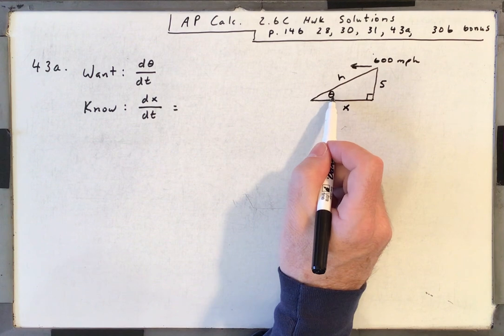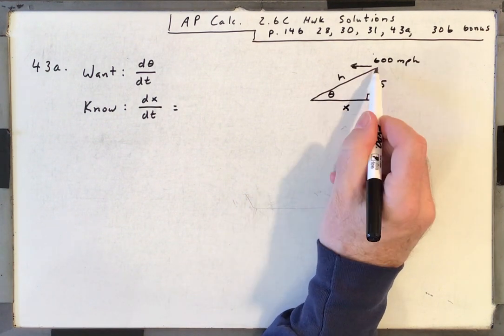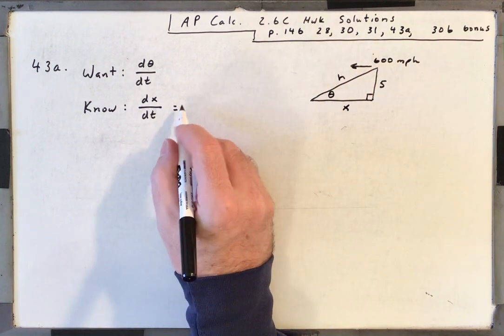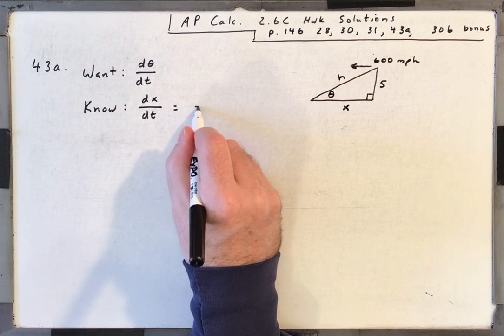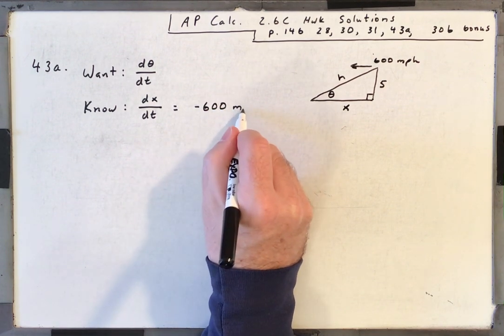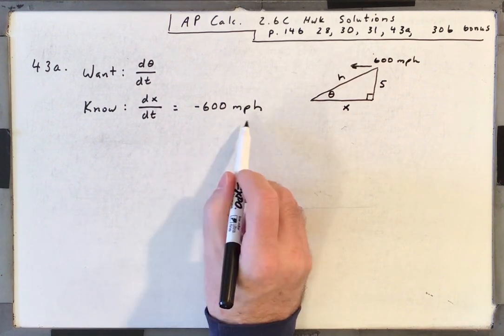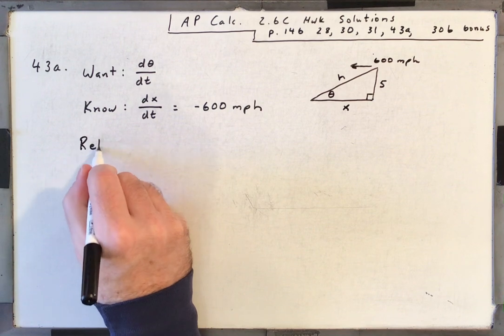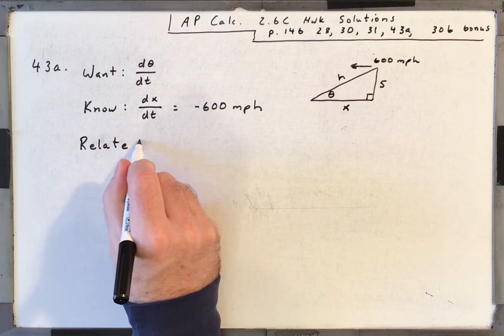So I need a positive final answer. Since the hypotenuse will be getting shorter as the plane moves this way, I'm going to say that dx/dt is a negative 600 miles an hour. If that gives me a negative answer in the end, then I'll come back and change that to a positive. But I believe that's going to work.